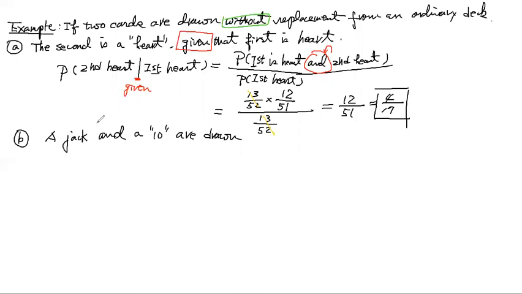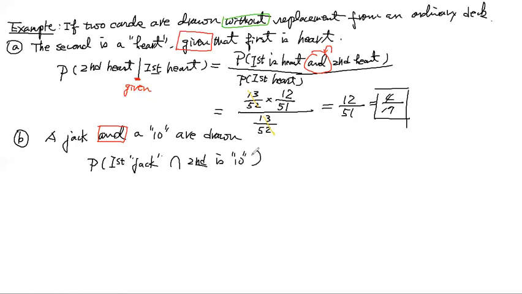The first one is a jack. So you translate that: the first card is a jack, and the intersection, the second one is a 10.